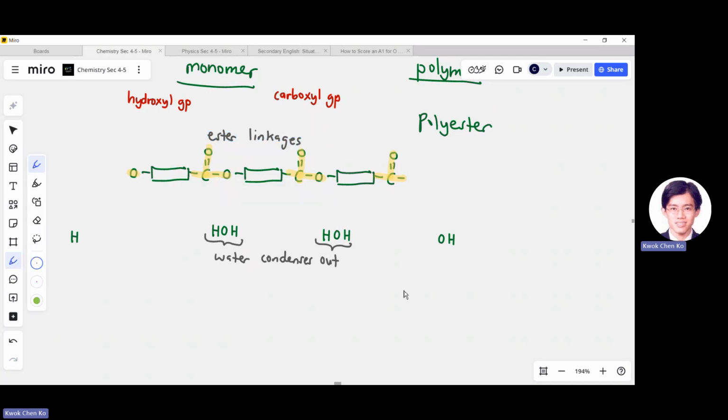Okay, next. How do I draw a repeating unit? Sometimes your question will ask you to draw the repeating unit. So just look at what is repeated.